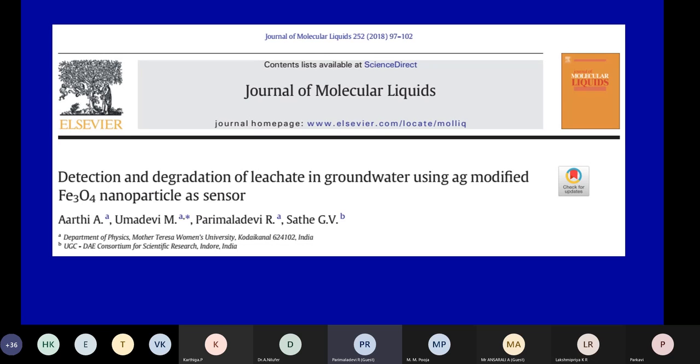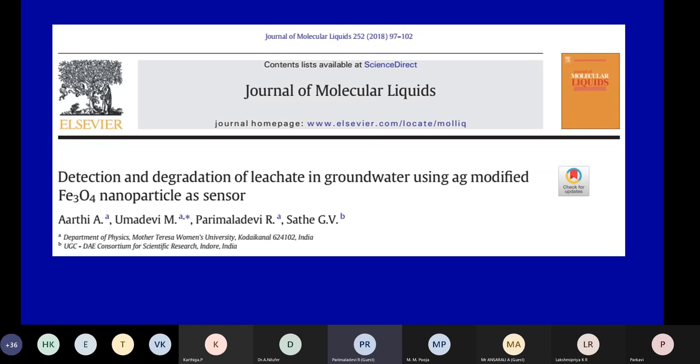Leachate generation is a major problem for municipal solid waste. Normally our municipality takes all the dust particles and pollutants from places and dumps them in the dump site, and after some days there will be some unpleasant brown-colored liquid. That liquid we call leachate.